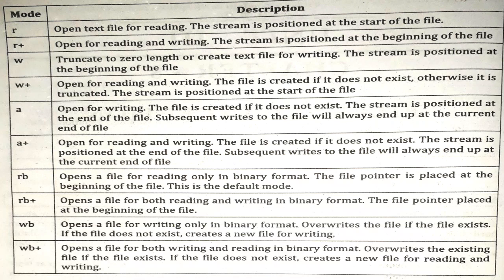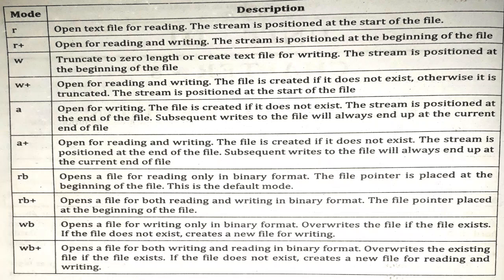And there are some differences, that is, the file is created if it does not exist, otherwise it is truncated. The stream is positioned at the start of the file.